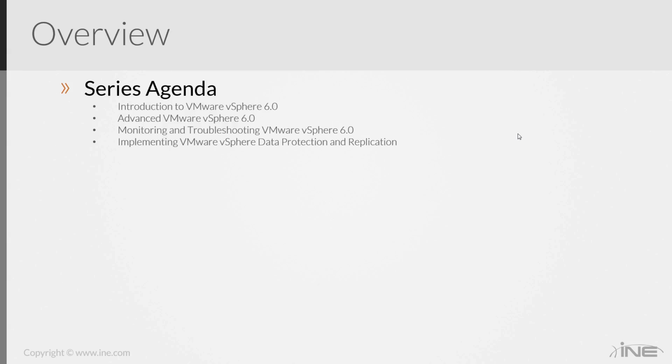Our final course in this series would be on implementing VMware vSphere Data Protection and Replication. The bulk of these topics would be based mostly on vSphere Data Protection and vSphere Replication. So what we'll cover in these courses are backups, replication, and those sort of solutions. We'll do demonstrations on deploying them as well as administering these environments.